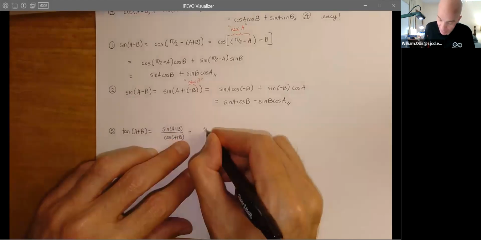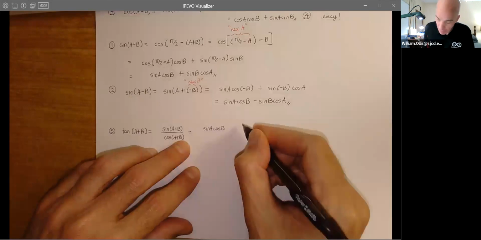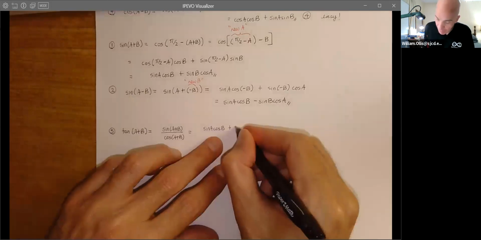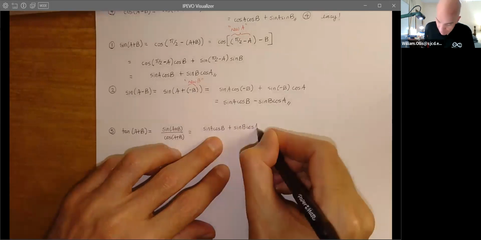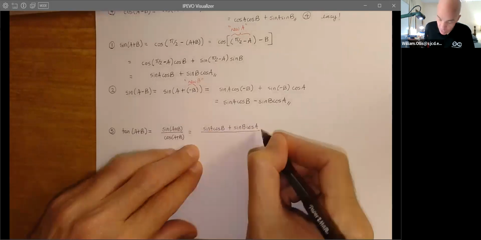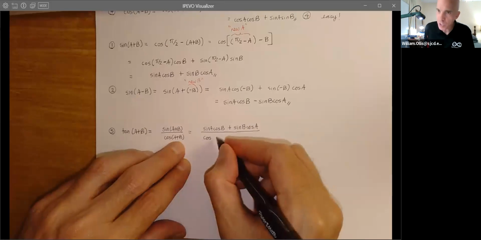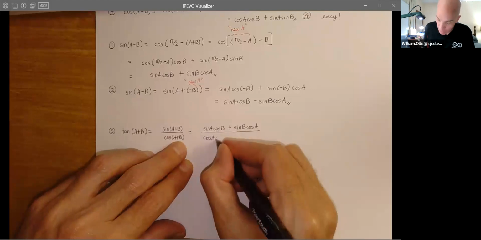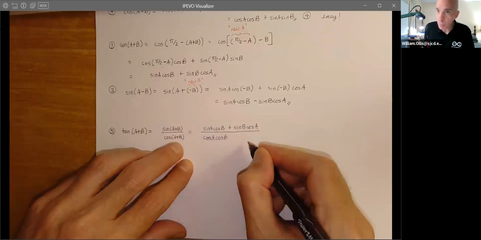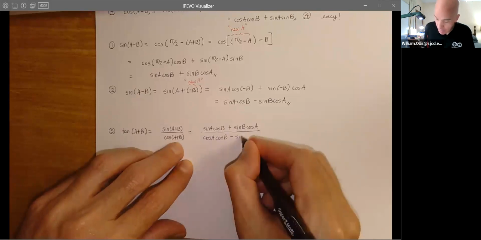So this will be sine A cosine B plus sine B cosine A. And then downstairs, the cosine is easy to remember because you have the same trig function with each product. So you have cosine A, cosine B, minus sine A, sine B.